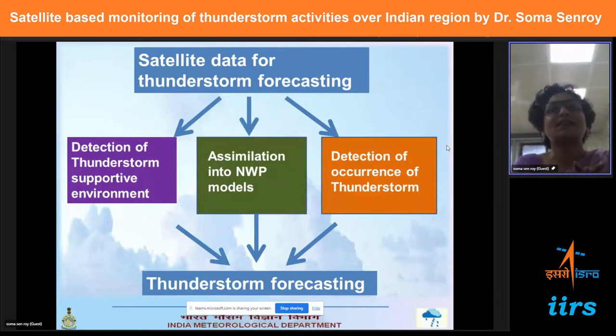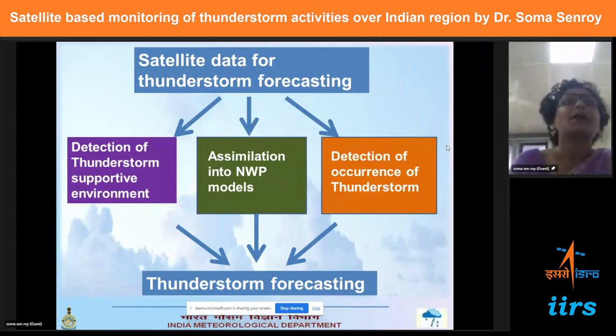So this is my understanding, on the basis of which I have divided it into 3 categories. First is detection of thunderstorm supportive environment. This is a very important aspect where we are using satellite data. Satellite data is one of the biggest supports for this part of the job.